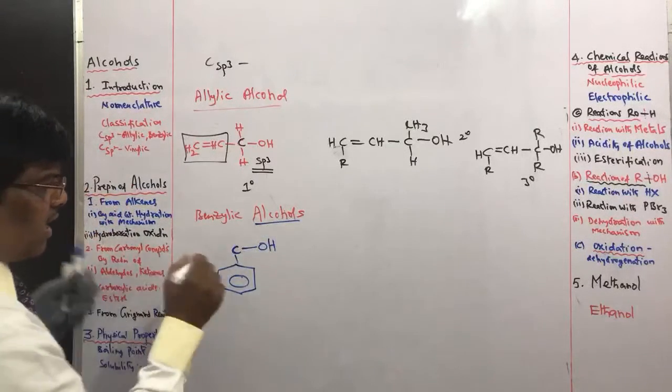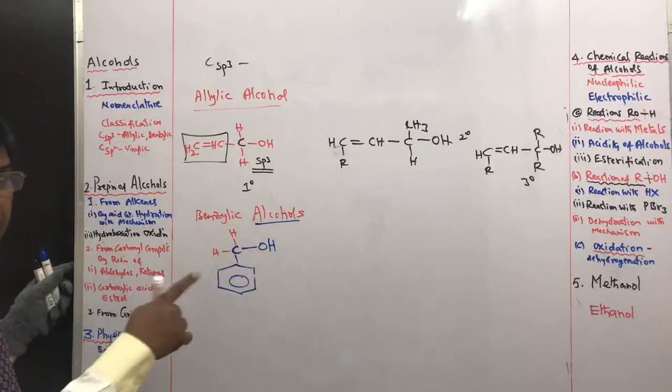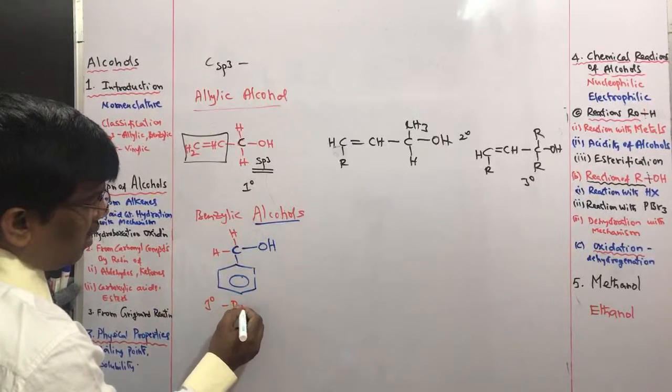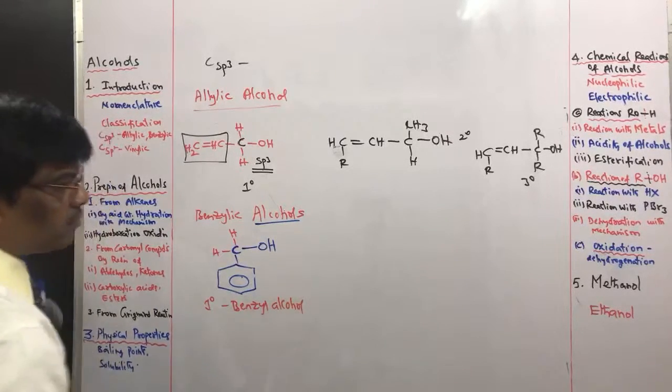If the remaining two positions are with hydrogen, then it is a primary benzyl alcohol or benzylic alcohol. The common name of this is benzyl alcohol.